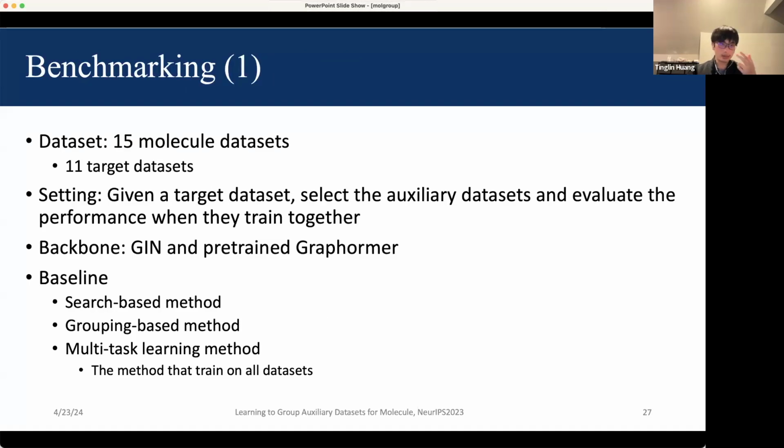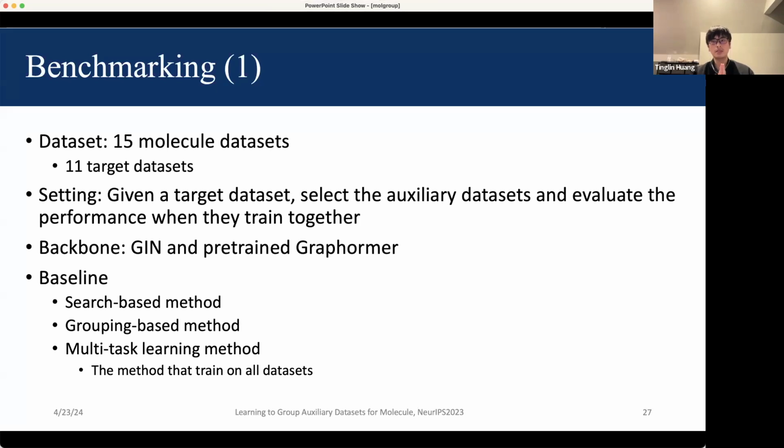And here is the benchmarking. We compare our model with the other baselines on 15 molecule data sets, and we consider 11 of them as the target data sets, which have a limited number of molecules.